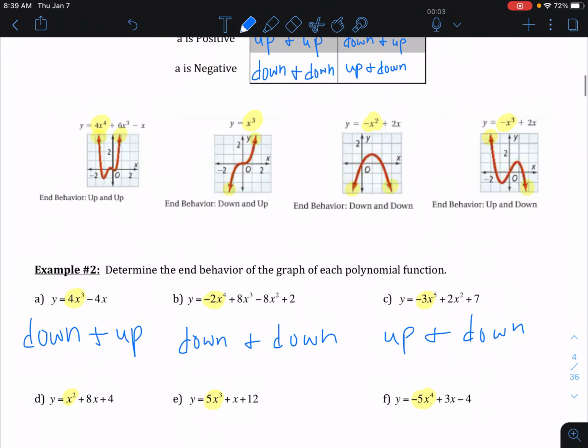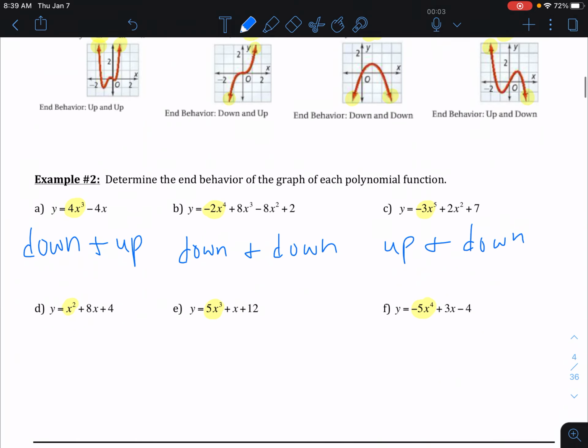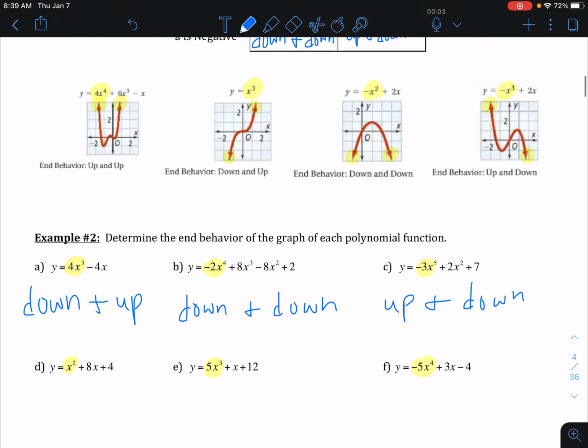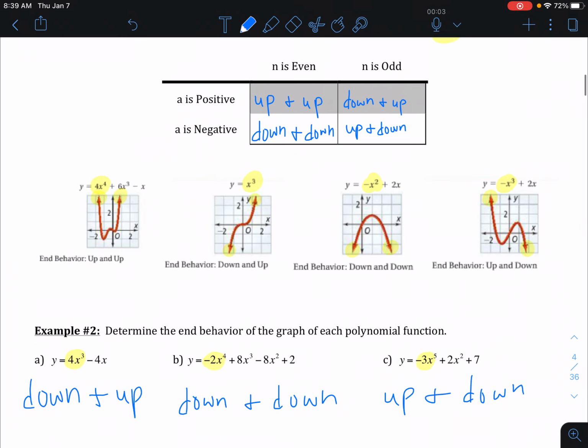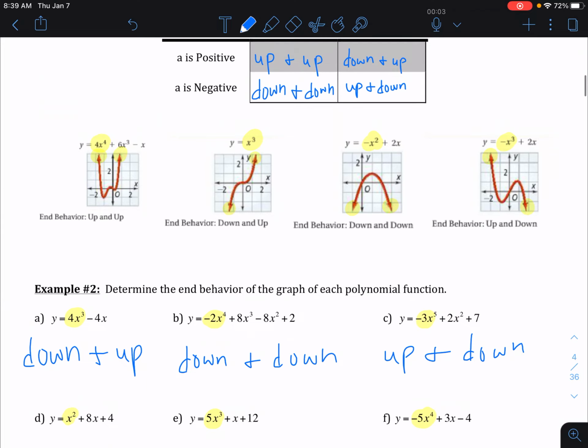Moving on to D, we have positive for a, it's a positive 1, and the exponent is even. So that would be positive and even, which is up and up. Letter E would be positive and odd.